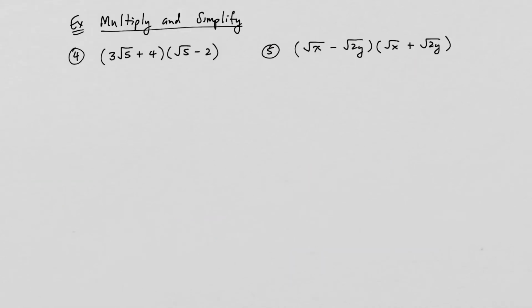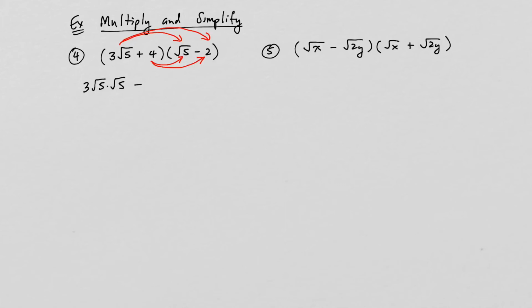Okay, our next example is very similar, except that now we're looking at the FOIL procedure. So we're going to multiply the same way we multiply two binomials together. And so what we get here is 3 radical 5 times radical 5 minus, and that minus sign comes from here, 3 radical 5 times 2.